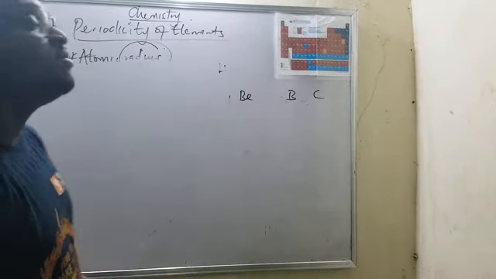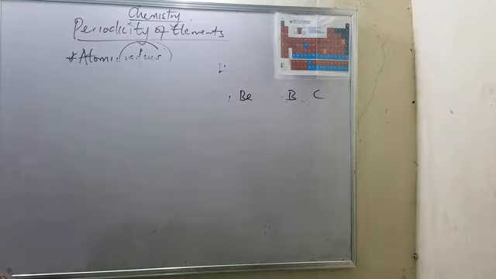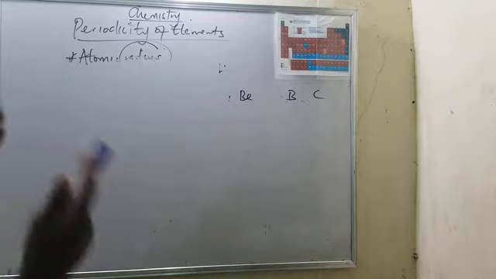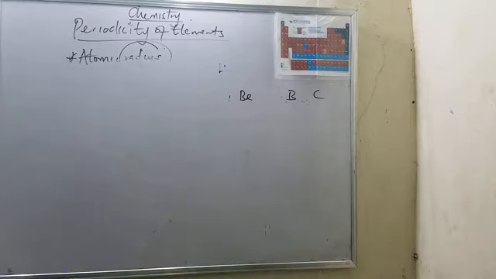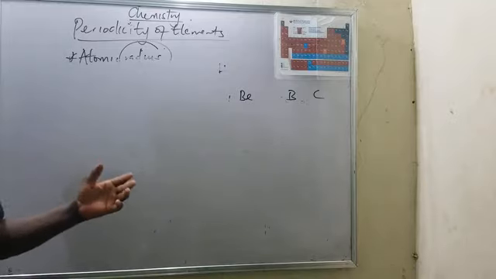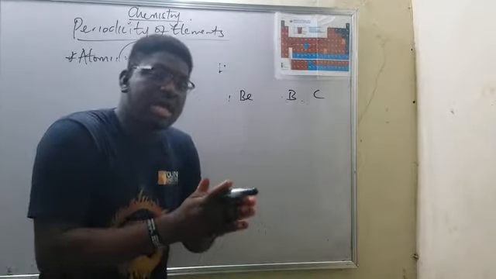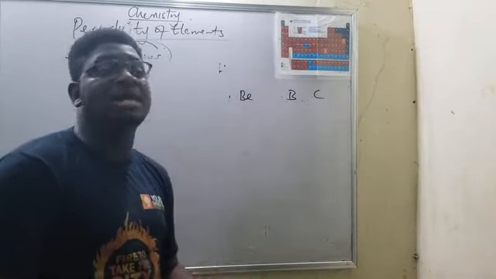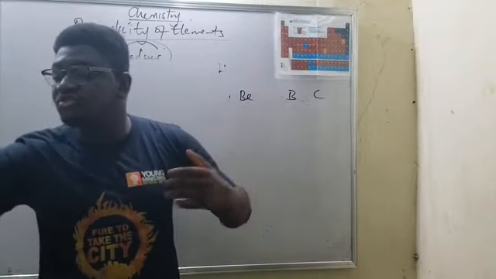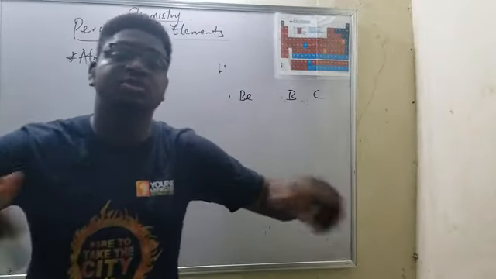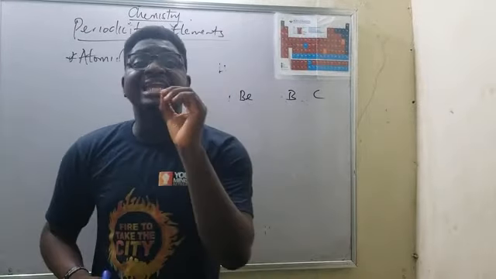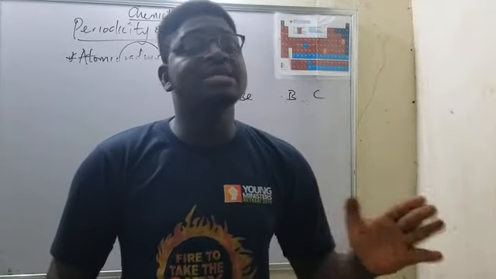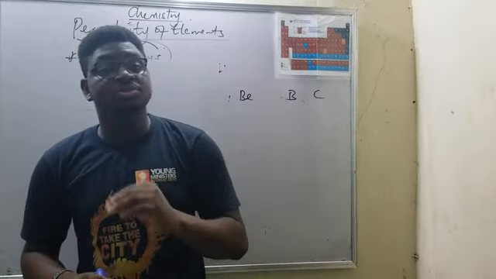The atomic radius of the anion is actually bigger than the corresponding atom as a result of a greater repulsion that comes when an electron is added to that particular shell in the presence of other negative electrons. So there is a greater repulsion, and this causes the negatively charged atom to have a bigger size than its corresponding atom.